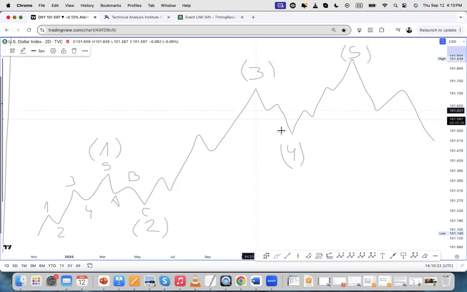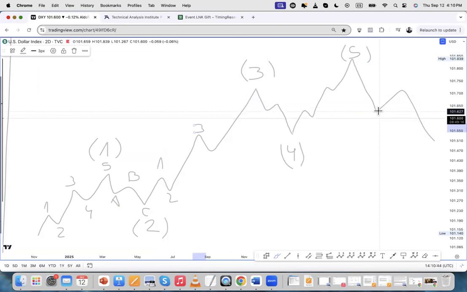Each one of these waves will have 5 waves. And these 5 waves that are inside the numbers in parentheses will be, of course, the numbers outside parentheses. So this will be 1, this will be 2, this will be the third, the fourth, etc. And the same thing applies here, 1, 2, 3, 4, and 5.